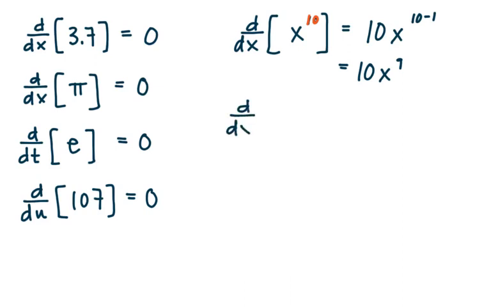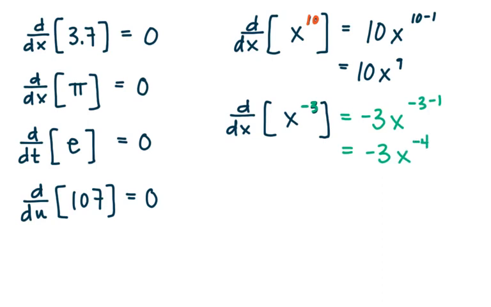We could say the derivative with respect to x of x to the negative 3. Again, I've got negative 3 as my real number in the power. I'm taking the derivative of x with respect to x, notice these variables match, and this is going to become negative 3x to the negative 3 minus 1, or negative 3x to the negative 4th.